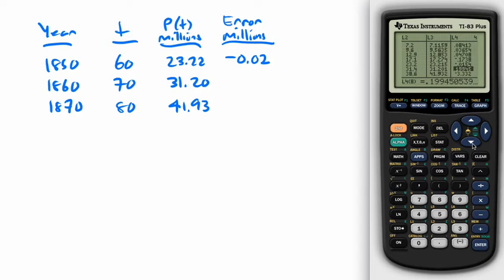In magnitude, a higher error, 0.20, and in magnitude, a much, much higher error. The value is negative 3.33, but the magnitude is 3.33 million off. Okay? Let's calculate the relative errors.